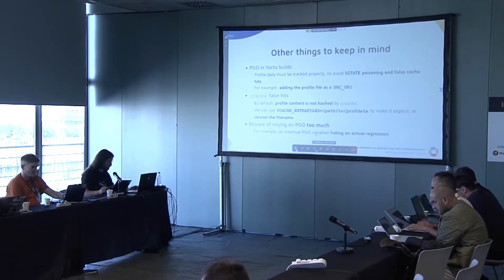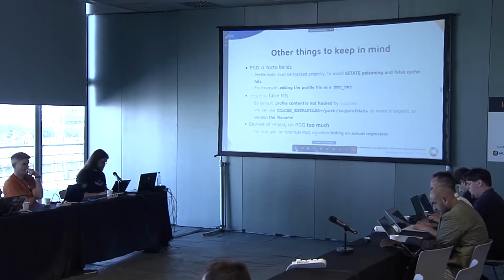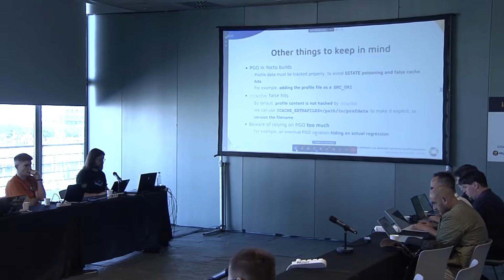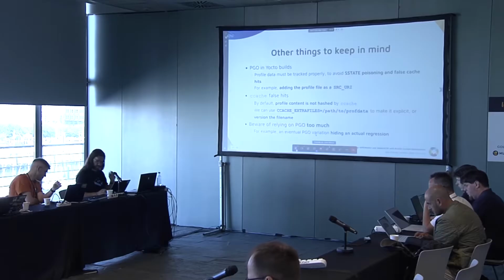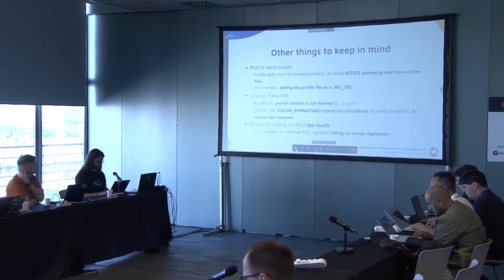So other things to keep in mind are related to caching of the results, because the profile data will be an actual input of the compilation, and so it must be treated as actual source code, which can give false positives. And we need to be careful of relying too much on PGO.